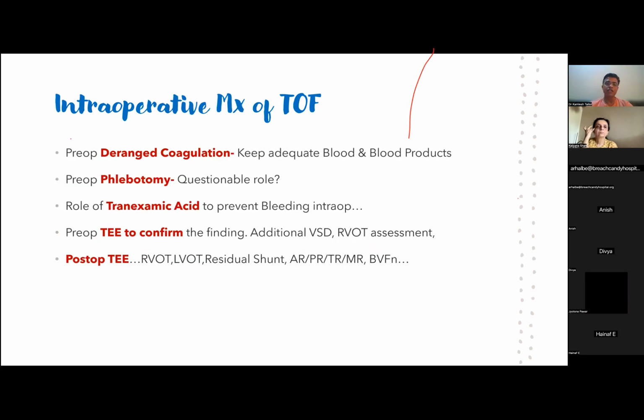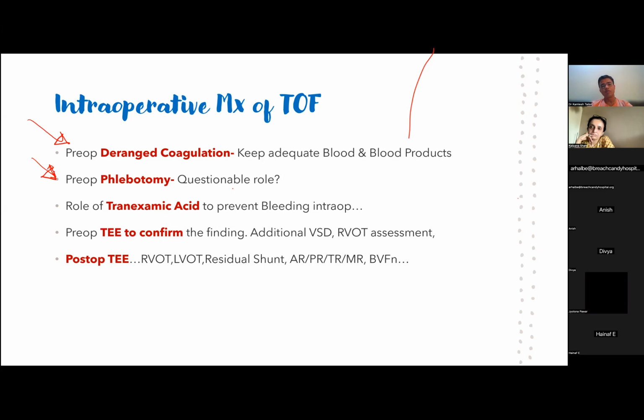Because this patient is severely cyanotic, there will be platelet dysfunction to start with, there will be a low fibrinogen level to start with, and that is why this patient will have a deranged coagulation. So adequate blood and blood products should be available when we are operating on such patients. Pre-op phlebotomy is not very familiar now.